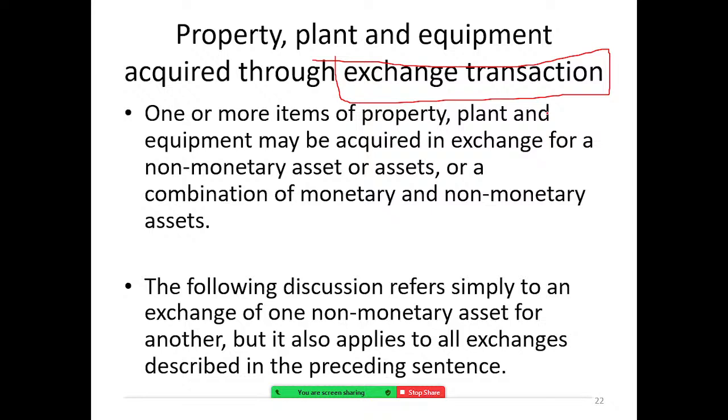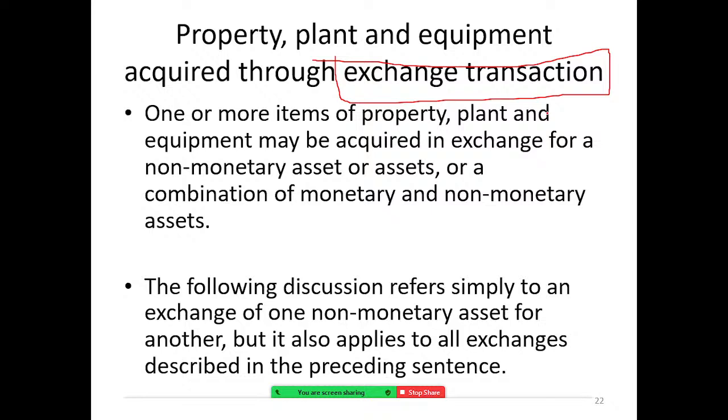When entities purchase assets with cash, it is not very challenging for accountants. But in the case of an exchange, they are bringing in new assets for existing assets, so they are replacing them. The new asset will come into the organization and the old asset will be exchanged for it.